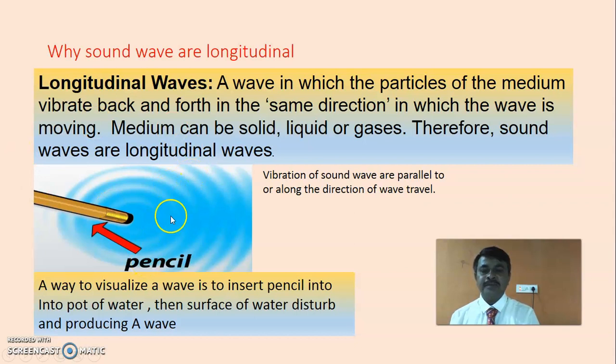In this diagram, after inserting a pencil in the water tub, the water surface is disturbed and produces a wave. So this is just an idea of how a wave can be visualized.